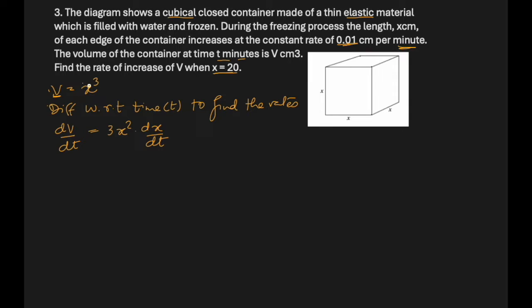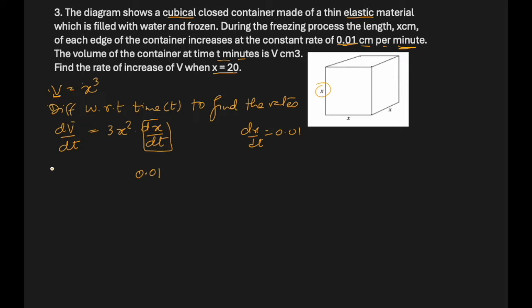So now let's substitute what they have said. The container increases at a constant rate of 0.01 centimeter per minute. The length increases, the x increases. That means this dx over dt is equal to 0.01. So I'll write 0.01 in place of this. Now, the volume of the container at time t minutes is v centimeter cube. Find the rate of increase of v.